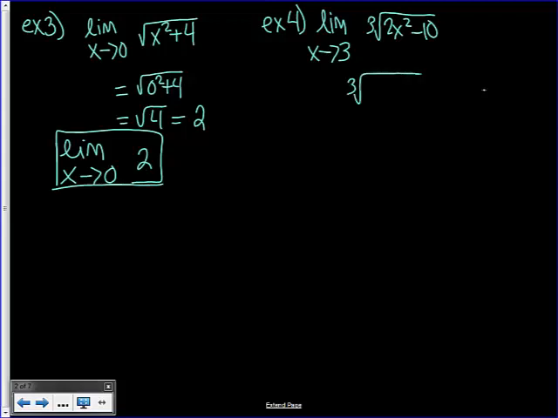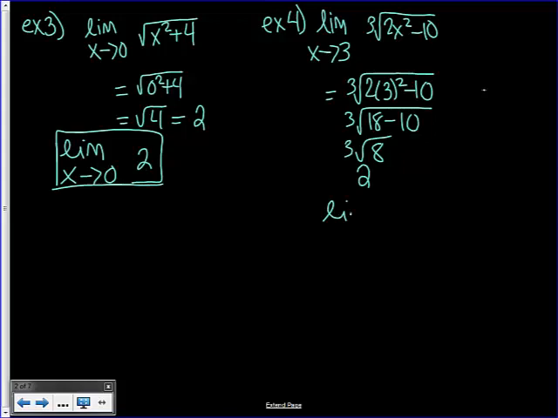Cube root of 2 times 3 squared minus 10. Well, 3 squared is 9 times 2 is 18. So the cube root of 18 minus 10. So 18 minus 10 is the cube root of 8. Well, what times what times what is 8? Well, that is 2. So the limit as x approaches 3 is equal to 2.